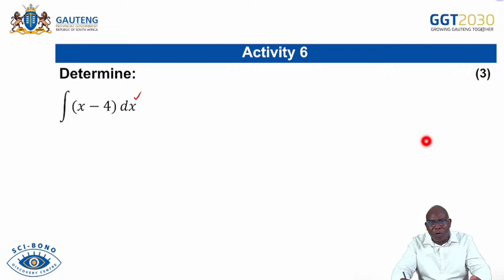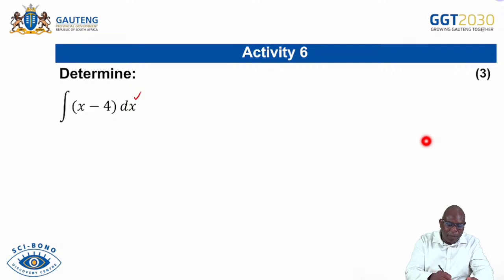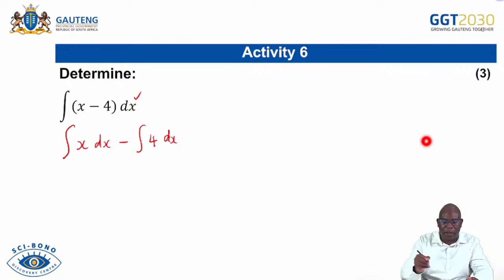Now, what am I going to do here? First I can integrate each part, and then add them together. So I'm going to have the integral of x dx minus the integral of 4 dx.